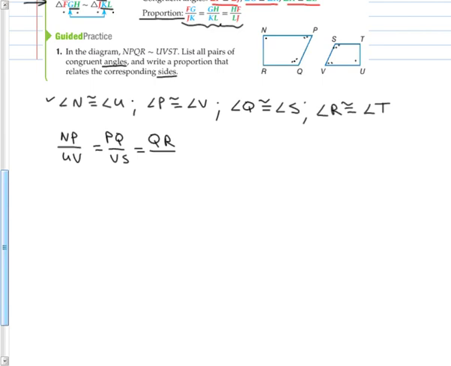QR, proportional with ST. And we have one more. We have RN. For all you medical types, RN corresponds with TU. Which way were we going? It should be TU if I keep my orders all right. TU. There we go. There are all the proportional sides.